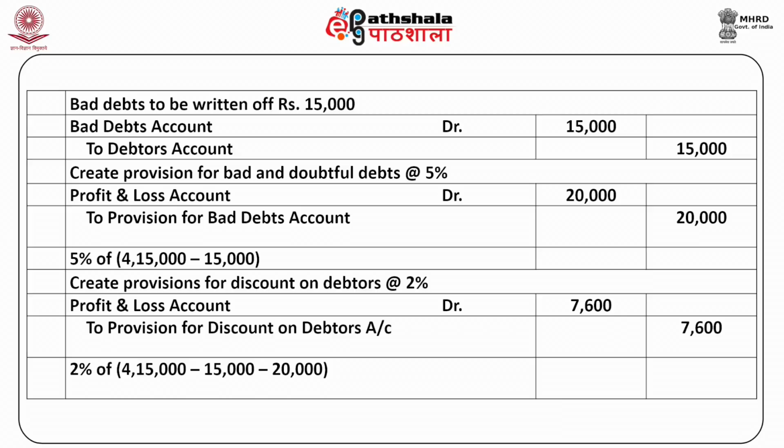Profit and loss account debited 20,000 to the credit of provision for bad debt account 20,000, 5% of 4,15,000 minus 15,000. Create provision for discount on debtors at 2%. Profit and loss account is debited 7,600 to the credit of provision for discount on debtors 7,600, 2% of 4,15,000 minus 15,000 minus 20,000.